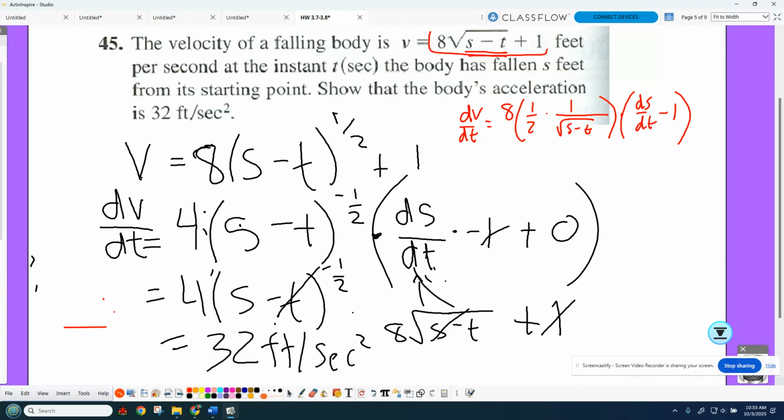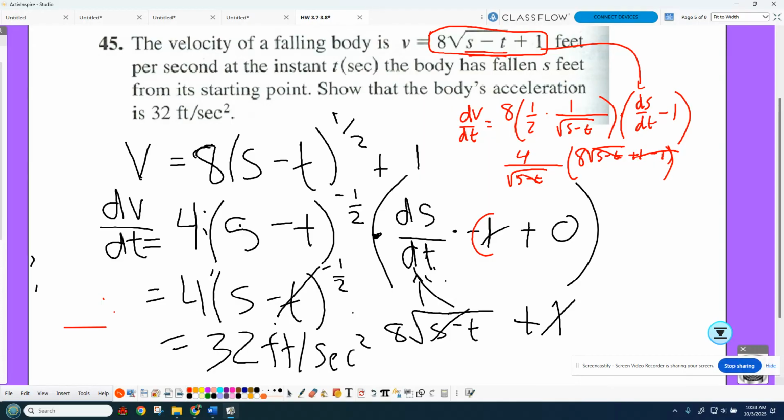And then she took all of this and plugged it in, and said this is all 8 square root of s minus t plus 1, then that minus 1. And that's what she's saying: those square roots cancel, and I get 32. Okay? And really the catch was understanding what ds/dt was. That you did have an equation for that, they just called it something different.